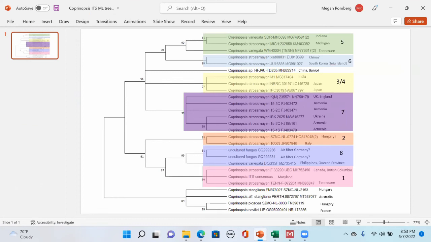But you have all of these other buckets, as Sigrid calls them, all these other groups. So we're putting names on something based on morphological characters, but when you look at the underlying genetics, there's more going on, and these will probably need new names eventually.